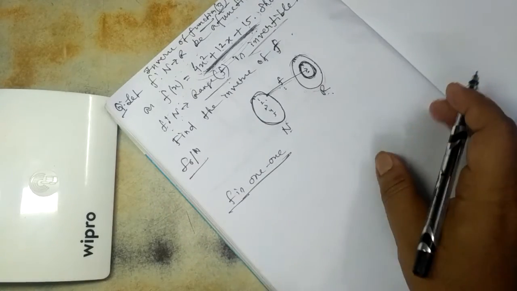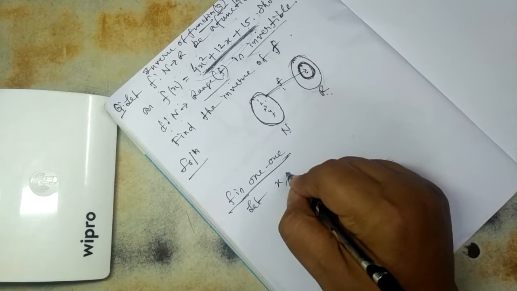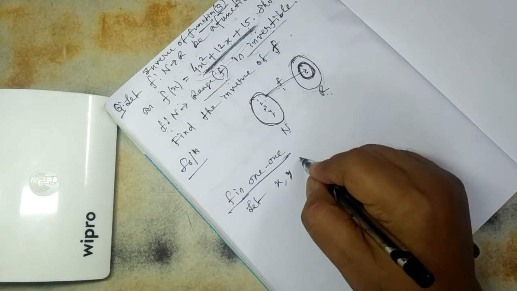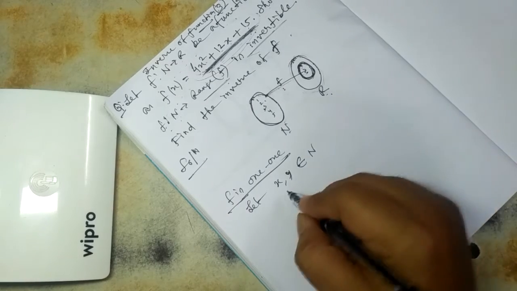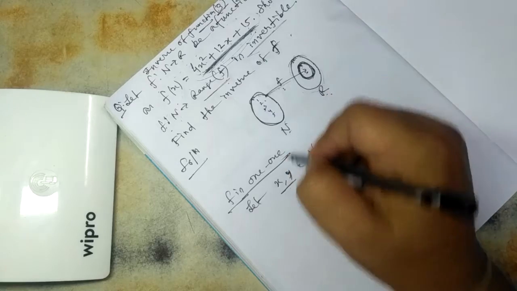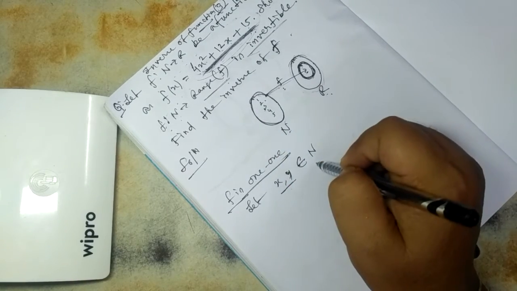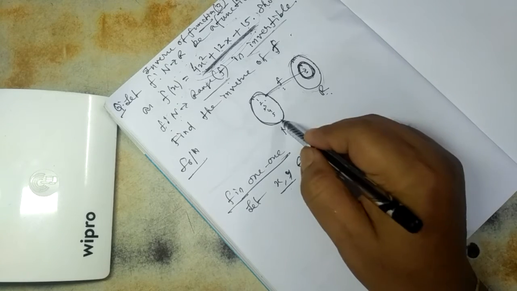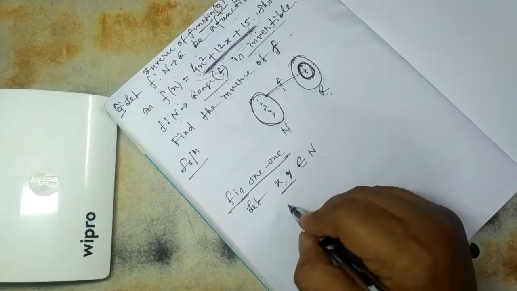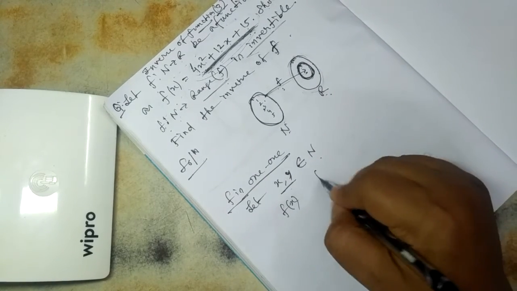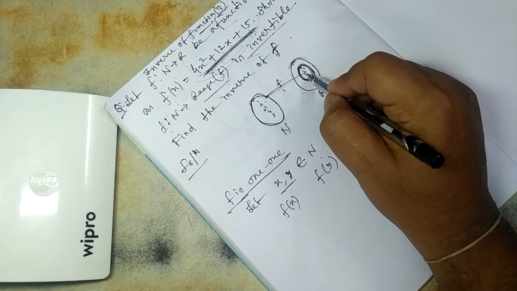As you know, to prove that f is one-one, we consider two elements x and y, both belonging to the domain of the function, that is N. Then the outputs thrown by f will be f(x) and f(y).